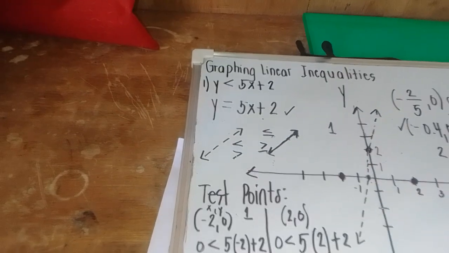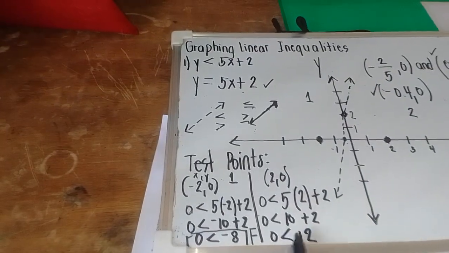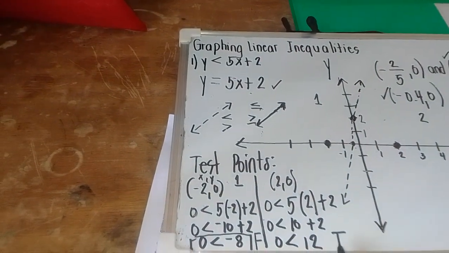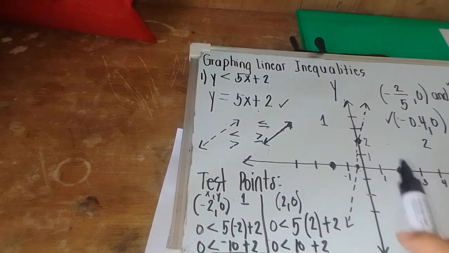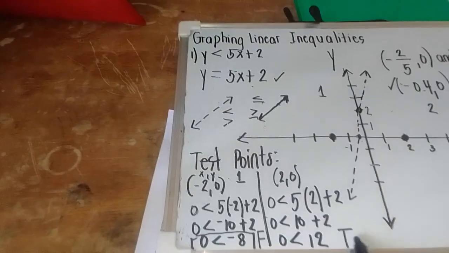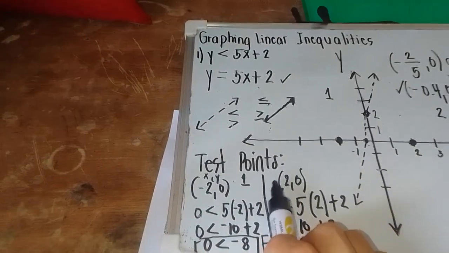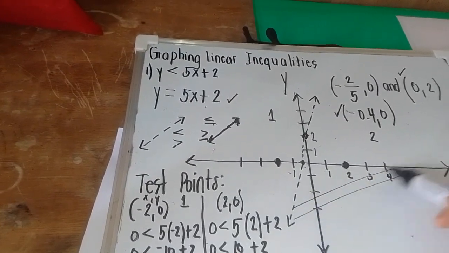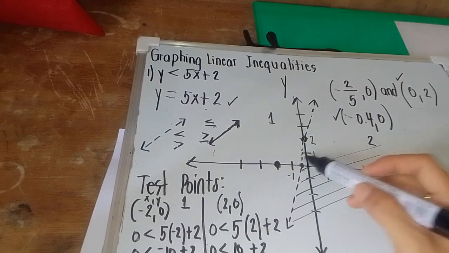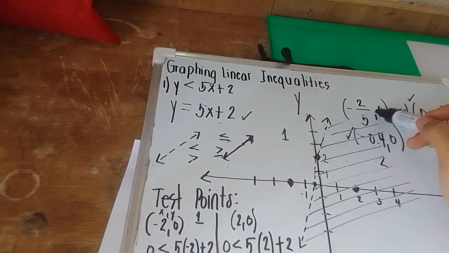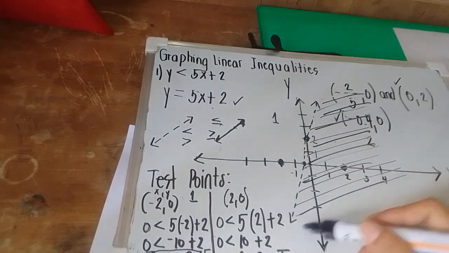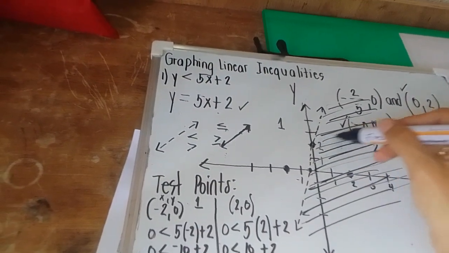Is it true that 0 is less than 12? Yes, correct. That is a true statement. Therefore, we shade region 2, because the point (2, 0) from region 2 satisfies the inequality. That means this part is what you shade. And that's it, you have the correct graph of your given linear inequality.